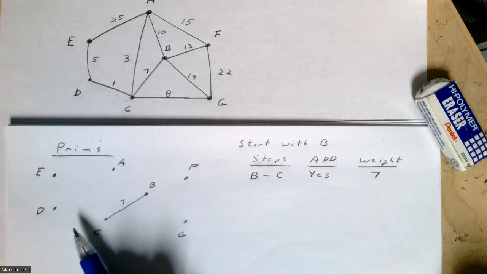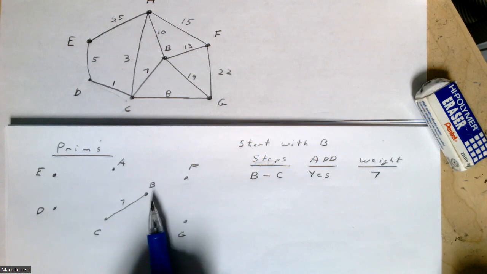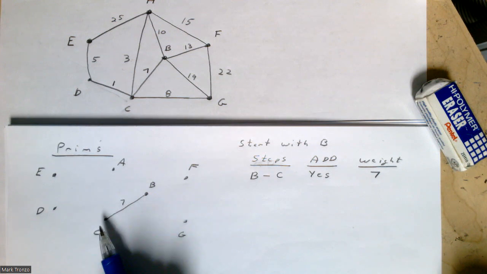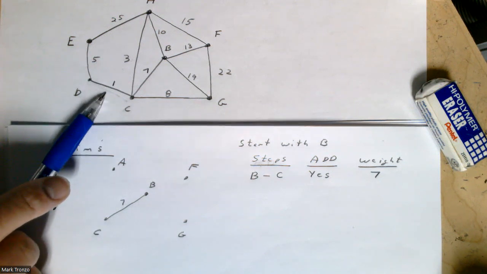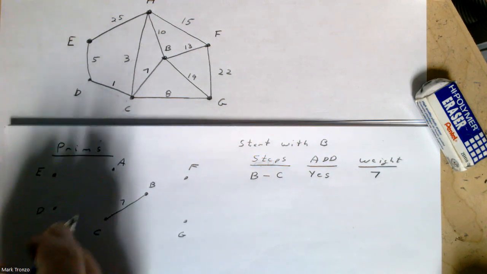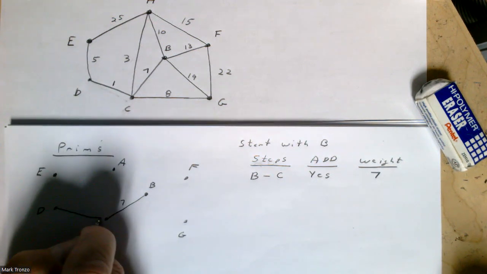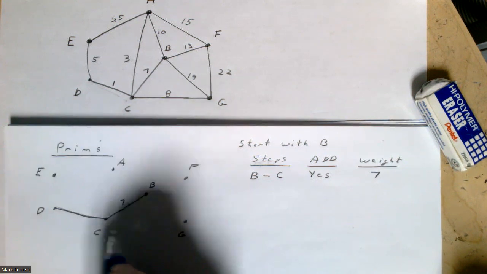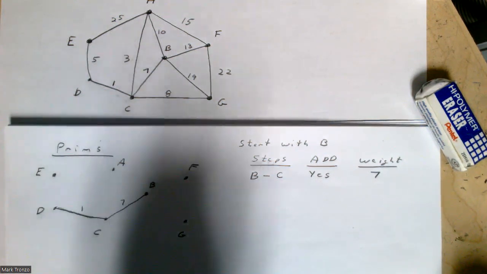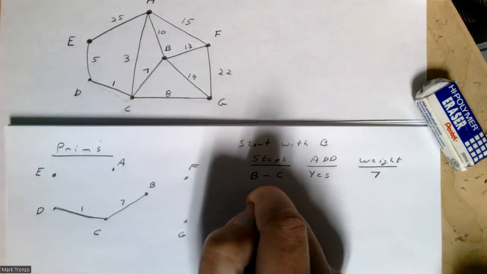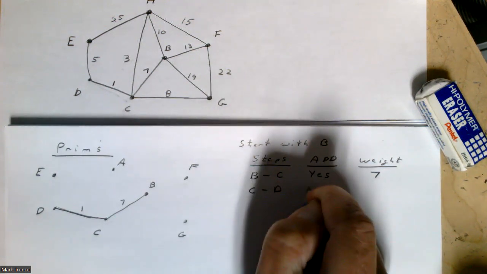So we're only going to consider things connected to B and things connected to C. And actually, the smallest weight edge that's connected to either one of them is this 1, obviously. So we're going to put that in. Again, we only considered the ones that are connected to B and C. And so we're going to put that one in, which was CD.